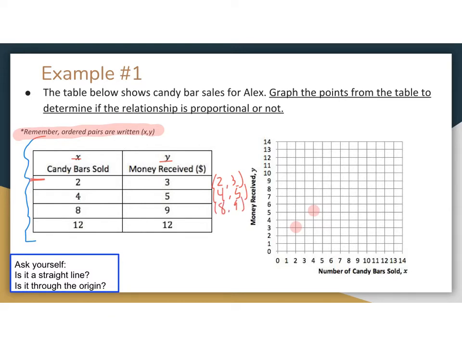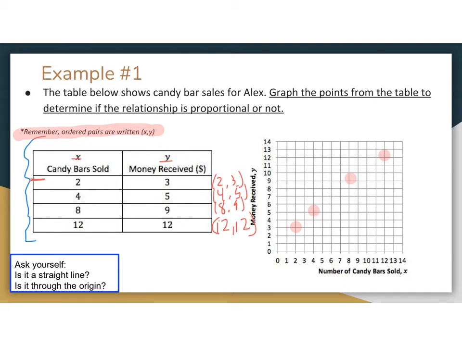So over 8, up 9. See, that one's a little off. I'm sorry. Please put the point perfect on your graph. And my last point is going to be 12, 12. So again, over 12, up 12.